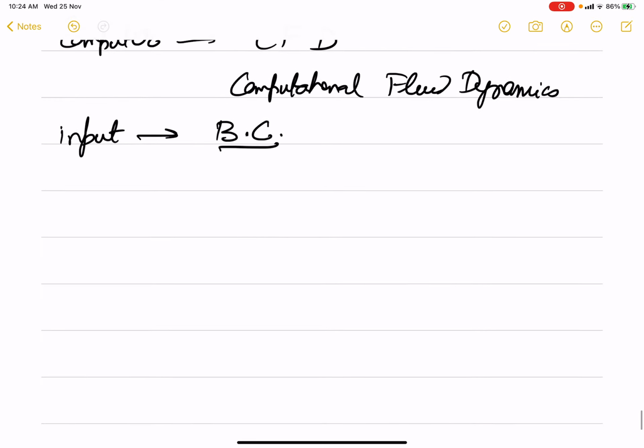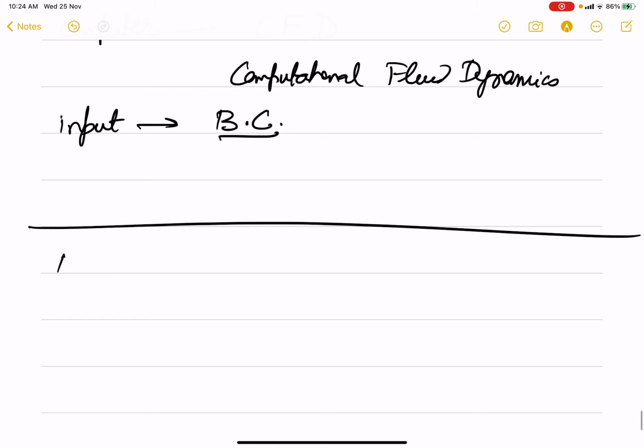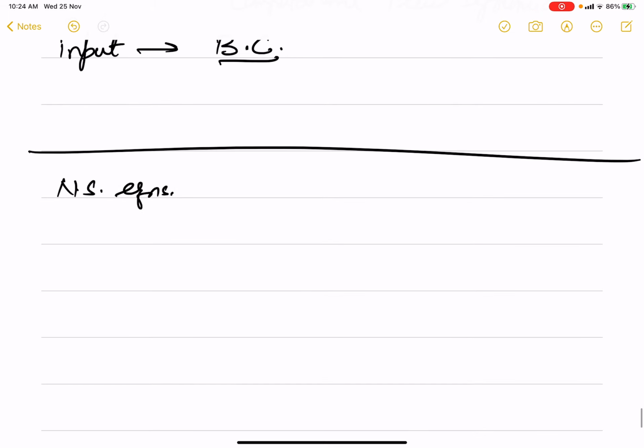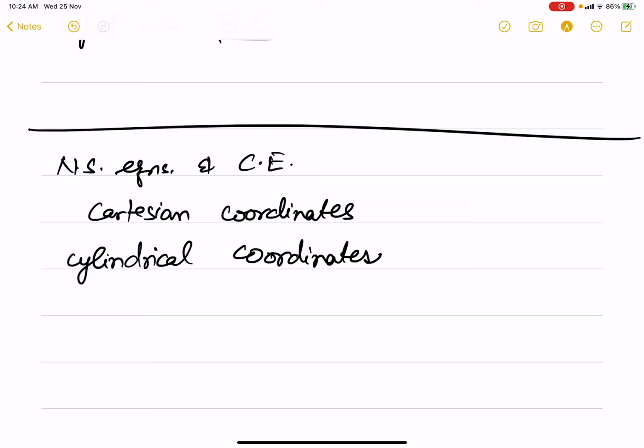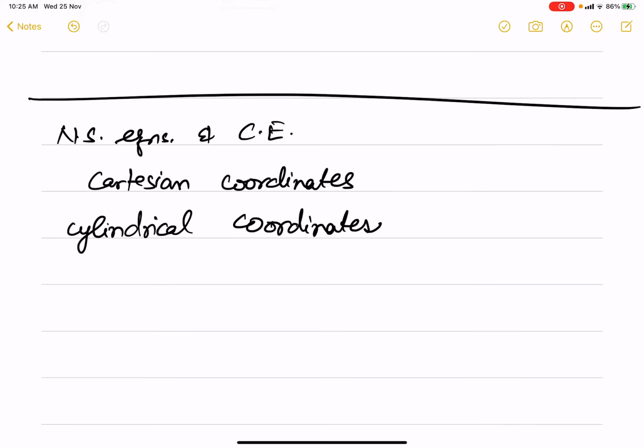Now, as we were talking, we look at the Navier-Stokes equations, and one thing which I want to do is that we have looked at the Cartesian coordinates and the form of the Navier-Stokes equation. In this, we have done all the derivations of the Navier-Stokes equation and continuity equation in Cartesian coordinates. But another coordinate system which we will be using is the cylindrical coordinates, and we looked at a bit of these when we talked of the stream function.